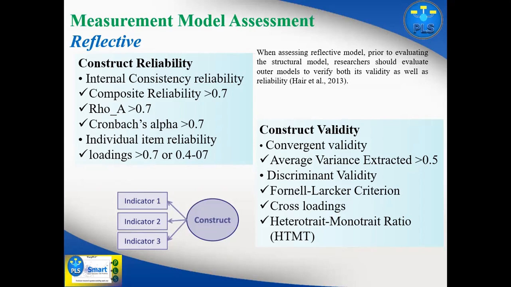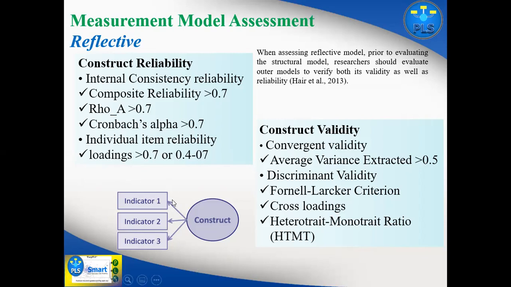Then, in checking the reliability of the construct, we also check the individual item reliability. In that case, we check the loadings. When we say loadings, we mean the correlation between the construct and the indicator.